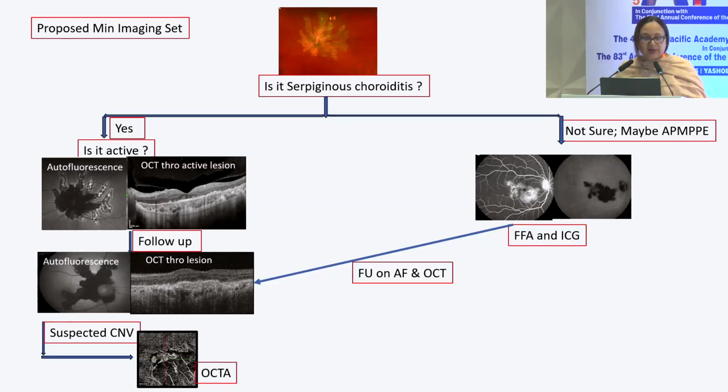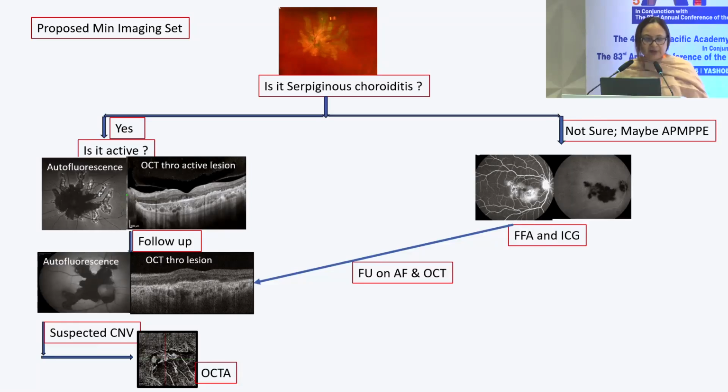Both of these are non-invasive, and something the majority of comprehensive ophthalmologists have these days. In the autofluorescence, you look at the edges. If the edges are hyperautofluorescent, it means the disease is active. If everything is dark, it's inactive.